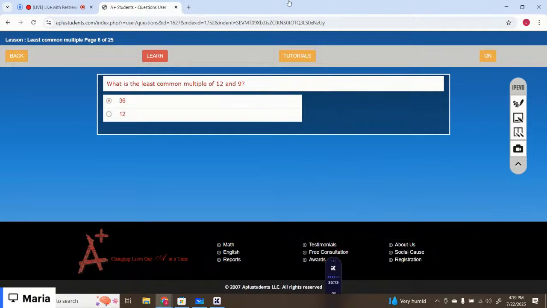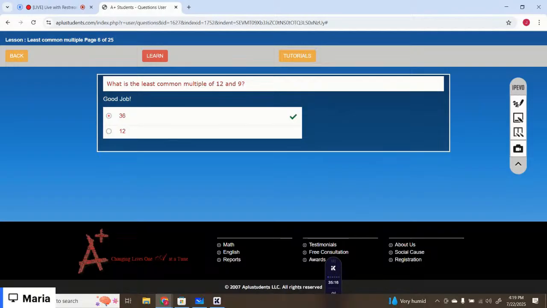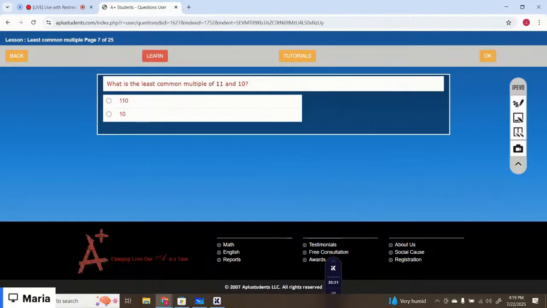That is 36. Option number 1 is the correct option. What is the least common multiple of 11?